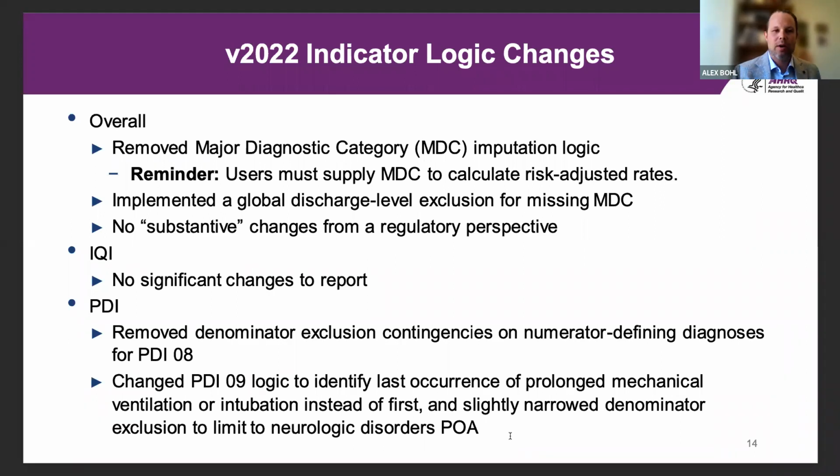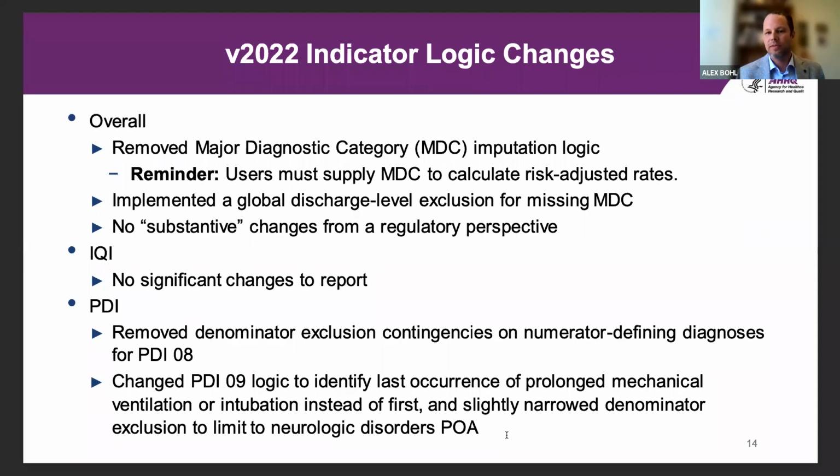From the IQI module specifically, there are no changes, but for PDIs, there are two specific changes to point out, and you'll see some similar changes to the corresponding PSIs. For PDI 8, which is postoperative hemorrhage or hematoma, we modified the denominator exclusion codes.